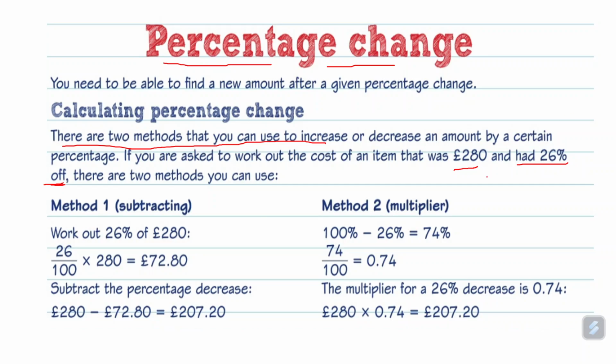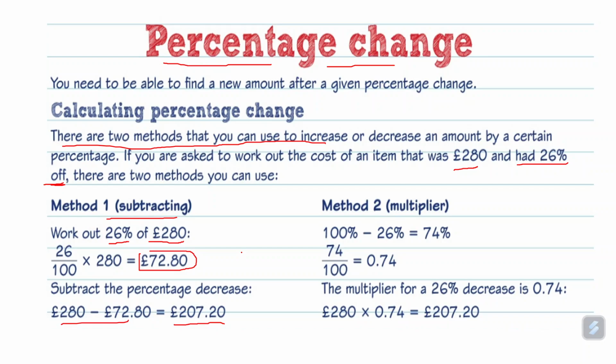So to solve that, there are two ways to do that. The first method is to first of all get the 26% of the initial amount of the item, which you get this. And once you have this, you will now subtract it from the original amount, from 280, and you get this.